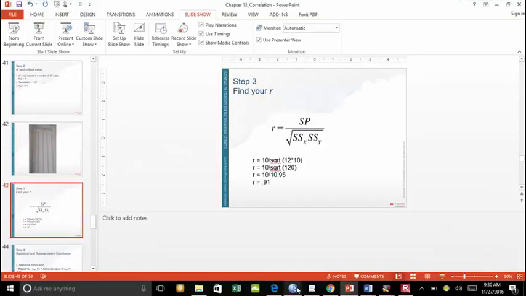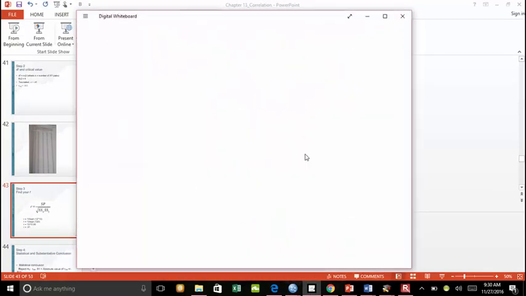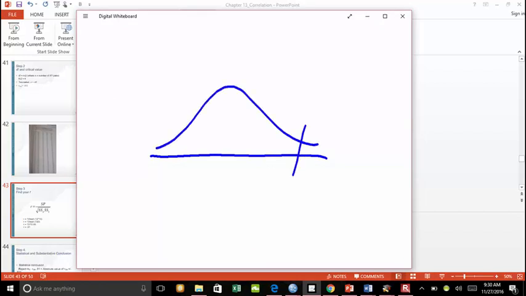So we've got some kind of critical R at 0.811, and it's positive or negative. And we found that our R, our correlation, was over here, right?